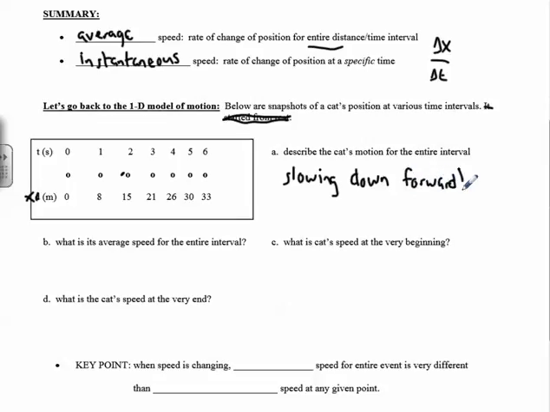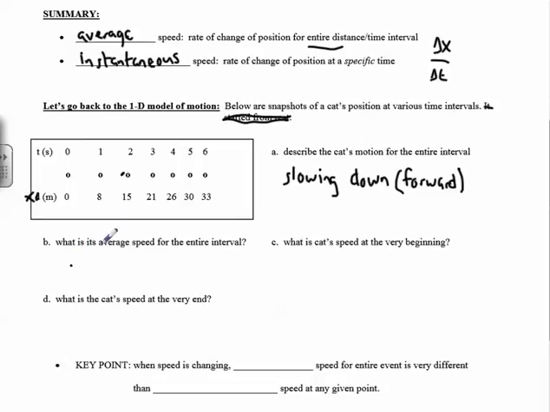Now let's look at instantaneous and average speed in this context. For the average speed over the entire interval, we use the idea of change in position over time. Our entire change in position went from 0 to 33.